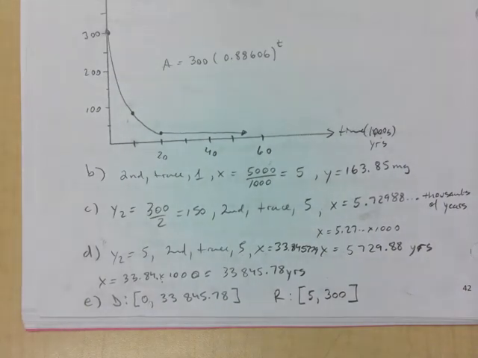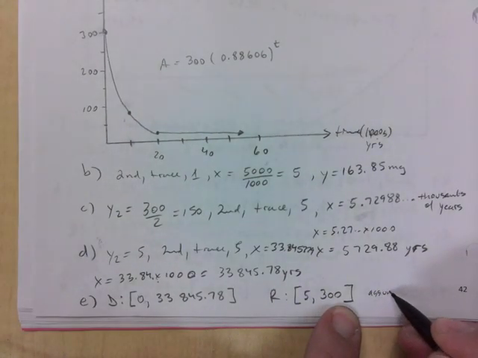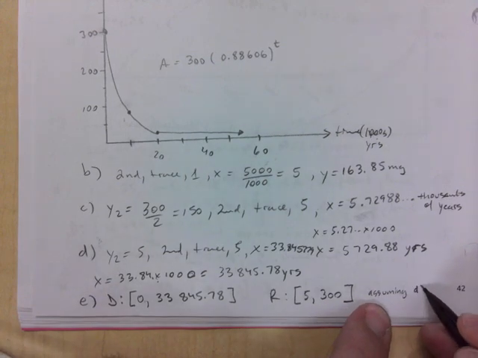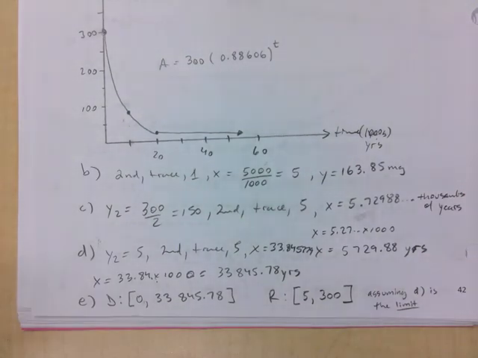Okay, that's assuming that D is the limit, right? If we assume that, then that's what it would be. And again, I promise you that on a test or whatever, I'll be very, very specific.